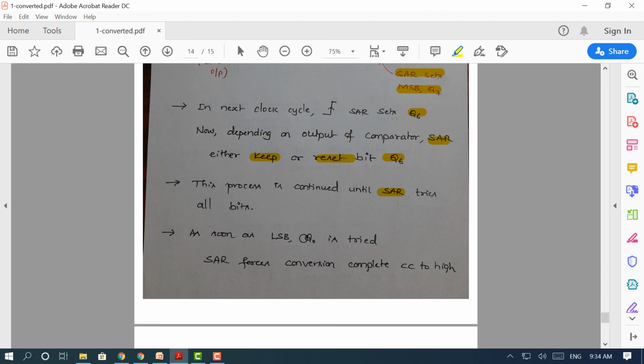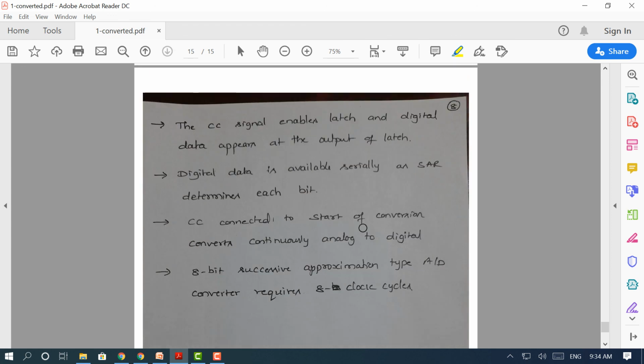As soon as the LSB Q0 is tried, the successive approximation register forces the conversion complete signal. It will make CC high, and the same CC signal enables the latch, and once the latch is enabled, digital data appears at the output of the latch.